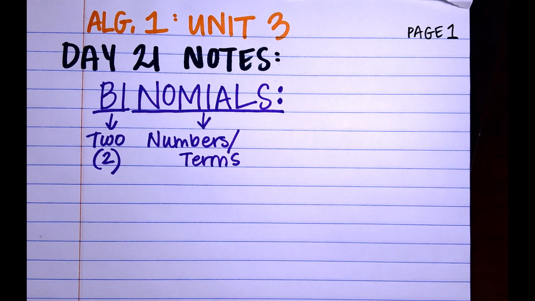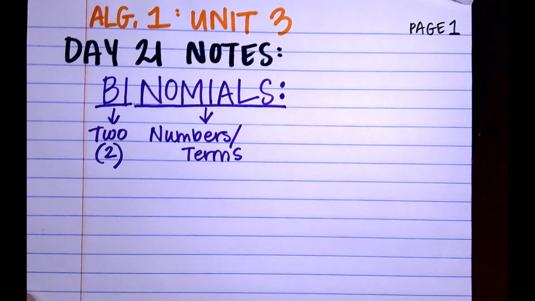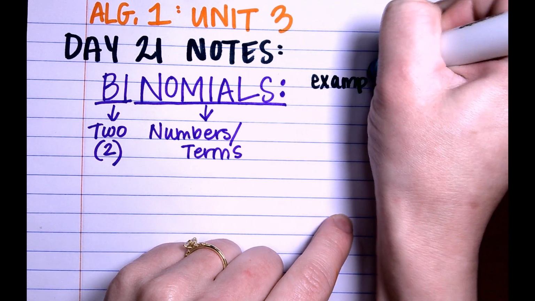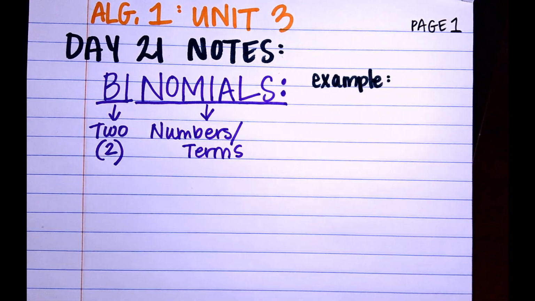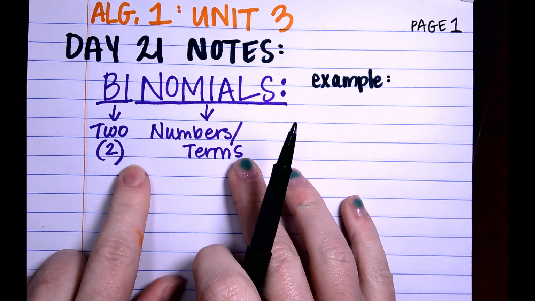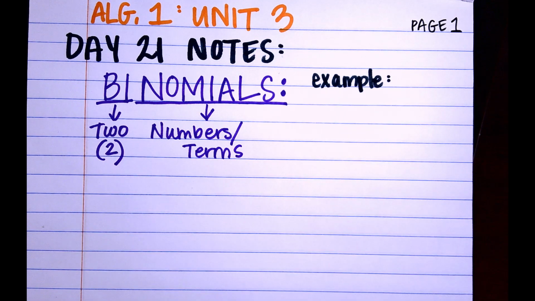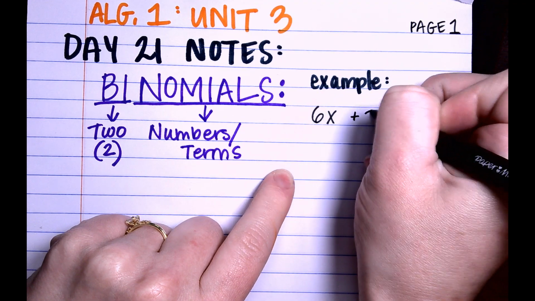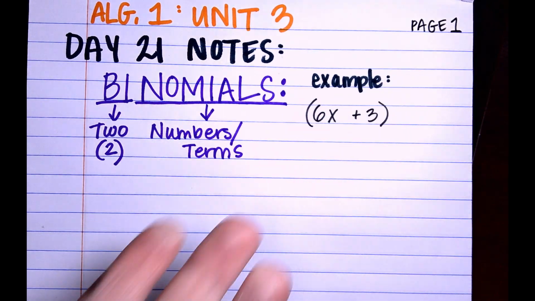Let me give you a few examples. A binomial could be, now these also can't be like terms. 2 numbers or terms that can't be combined. So this could be like 6x plus 3. That's a binomial.